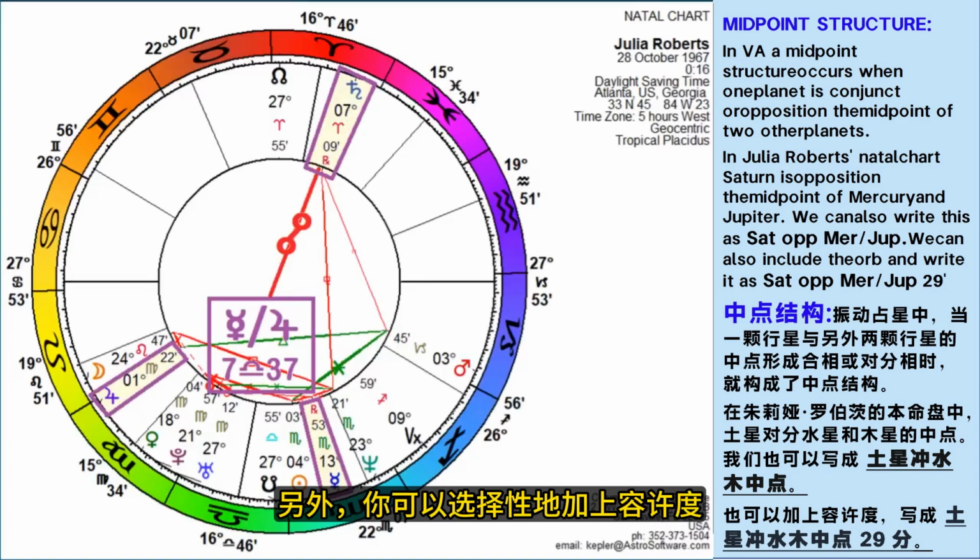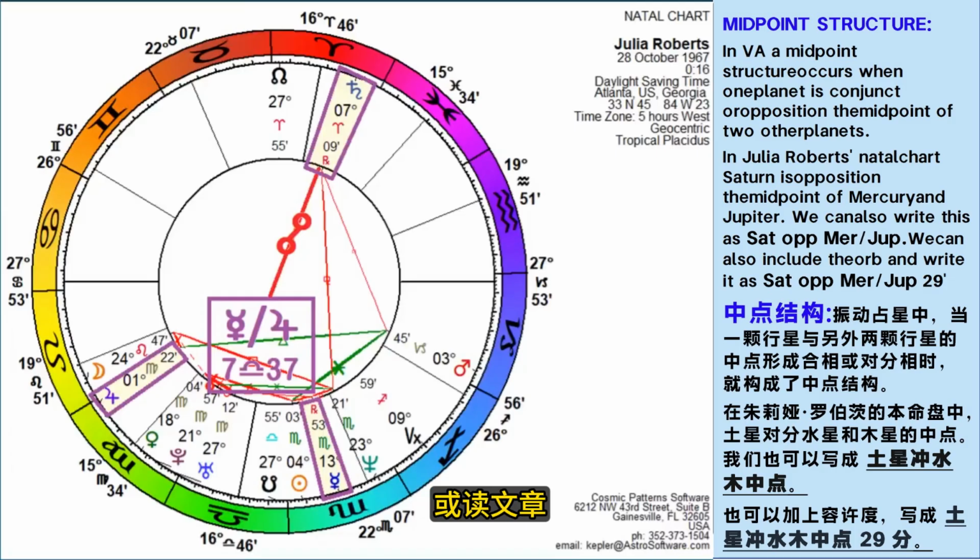And optionally, you can include the orb. So if you're sending somebody an email, or reading an article, or writing an article, or whatever the situation is, a good way to do this is just to write Saturn op, or SAT op MER/JUP space 29 apostrophe, which means minutes. 29 minutes.